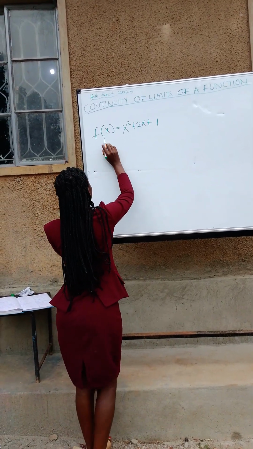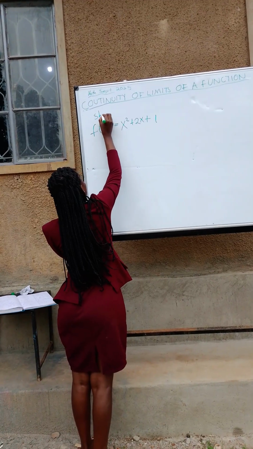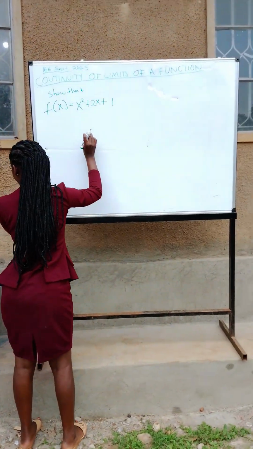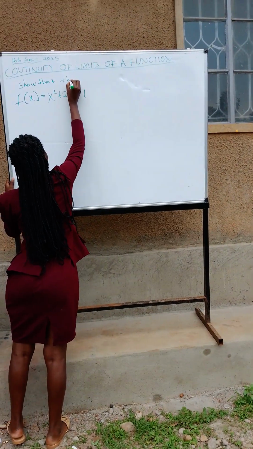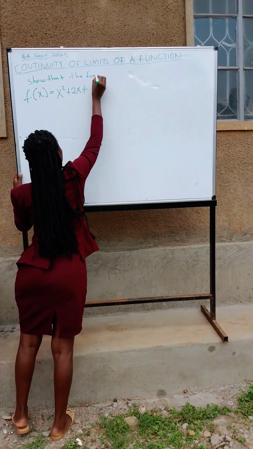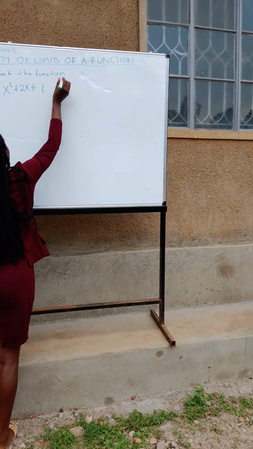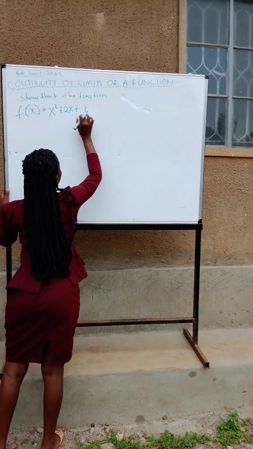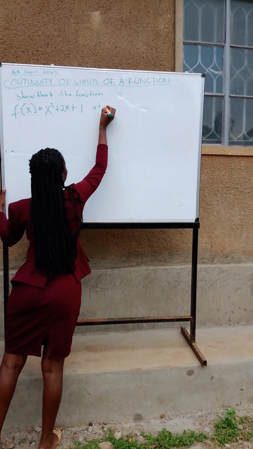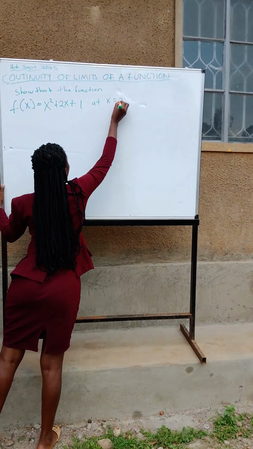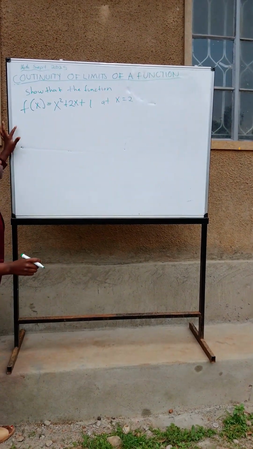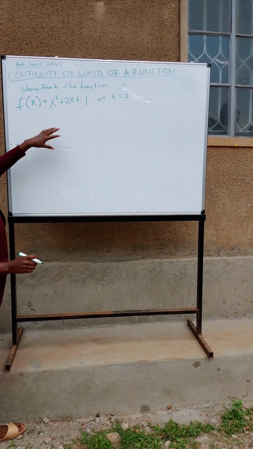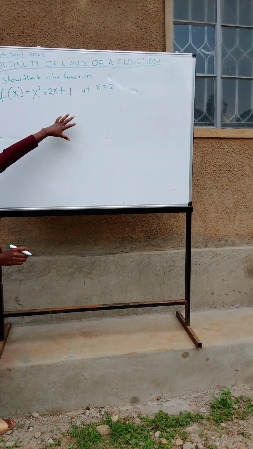They're saying to show that this function is continuous at x equaling 2. To test for the continuity, show that this function is continuous at x is equal to 2.